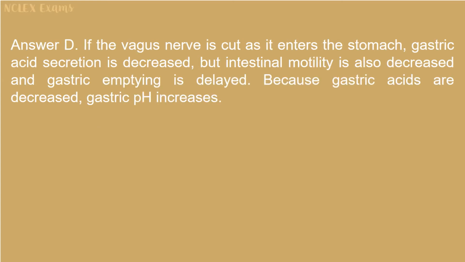Answer D. If the vagus nerve is cut as it enters the stomach, gastric acid secretion is decreased, but intestinal motility is also decreased and gastric emptying is delayed. Because gastric acids are decreased, gastric pH increases.